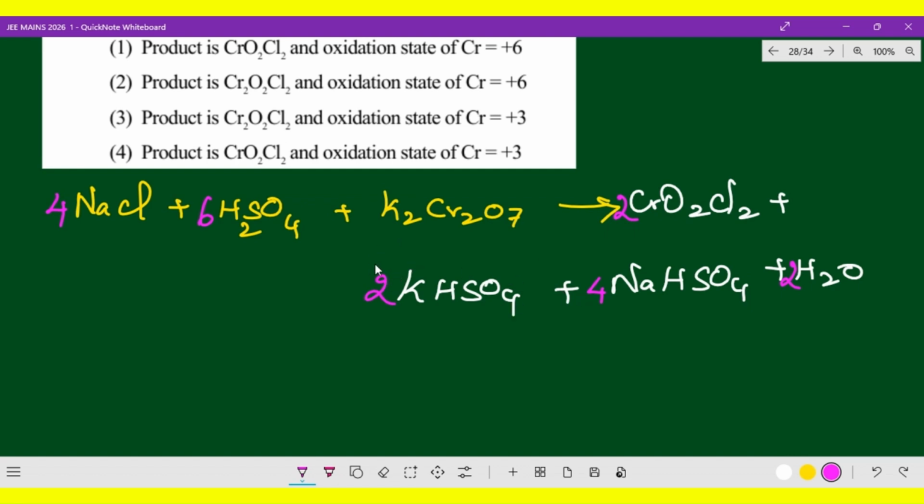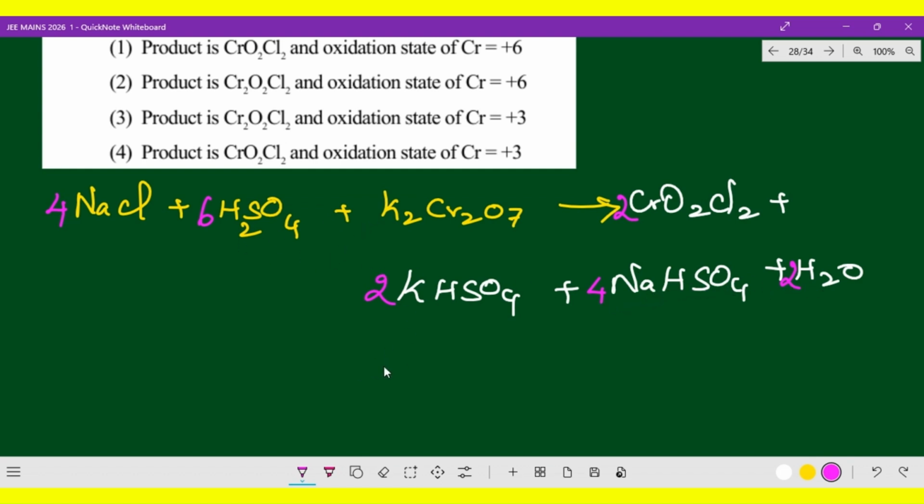Okay, is it balanced? So 4 NaCl and 6 H2SO4 and 2 CrO2Cl2 plus 2 KHSO4 and 4 NaHSO4. Yes, it's balanced.